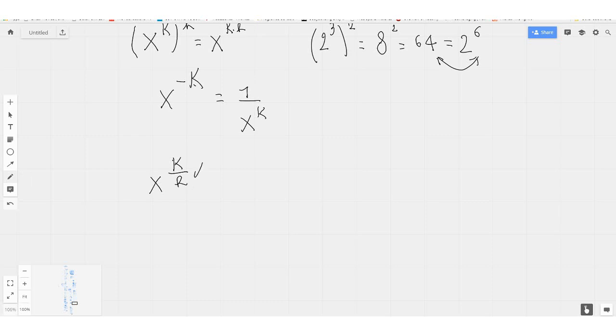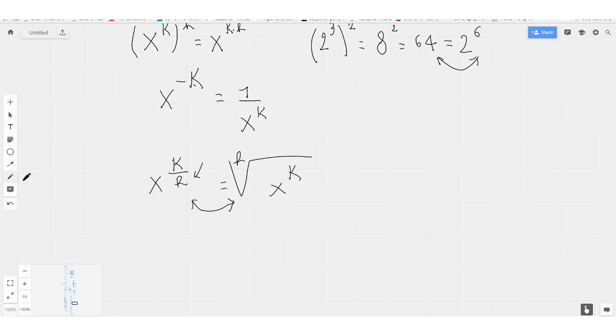Since you have h here as the denominator, that means you have to take the root, like writing it like that: the h-th root of x to the power of k. So writing it either like this or like this, that's the same.